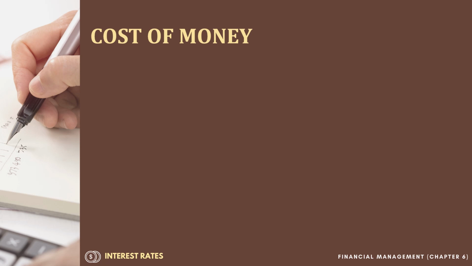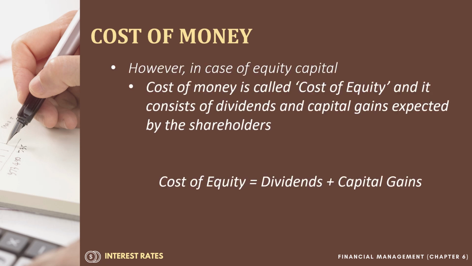The cost of money is not just limited to the relationship between a lender and a borrower. In the case of equity capital, the cost of money is called the cost of equity, and it consists of dividends and capital gains that are expected by the shareholders.